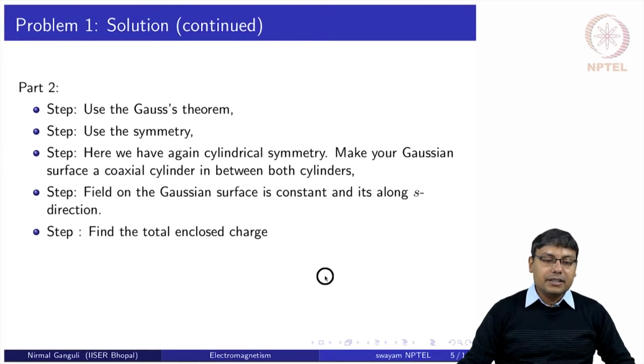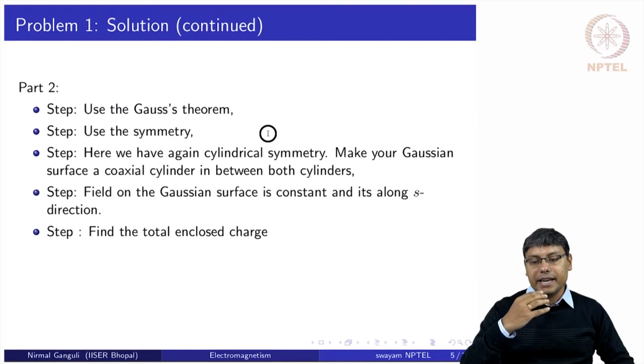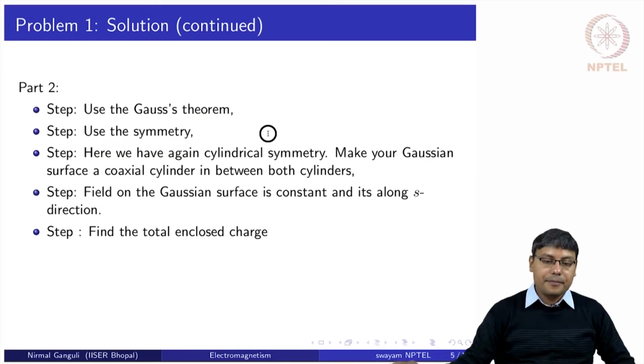And in the second part, we are supposed to find the electric field in between the cylinders. So, there we have to consider again the Gauss theorem, we have to consider the symmetry, and we need again a cylindrical Gaussian surface, and this time this Gaussian surface will enclose the smaller cylinder, but it won't enclose the larger cylinder.